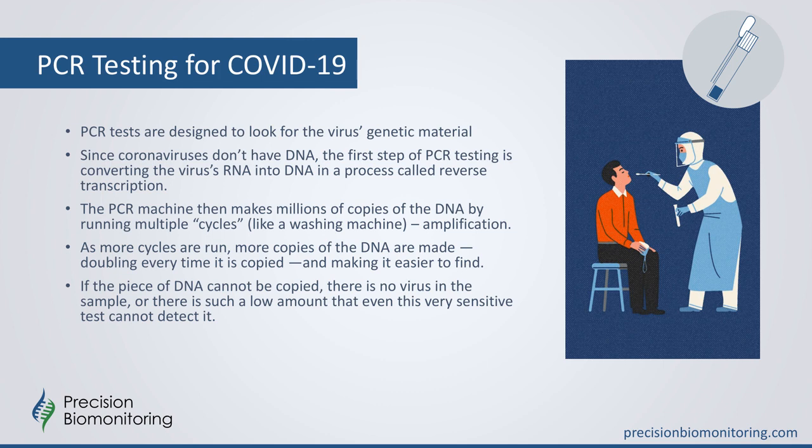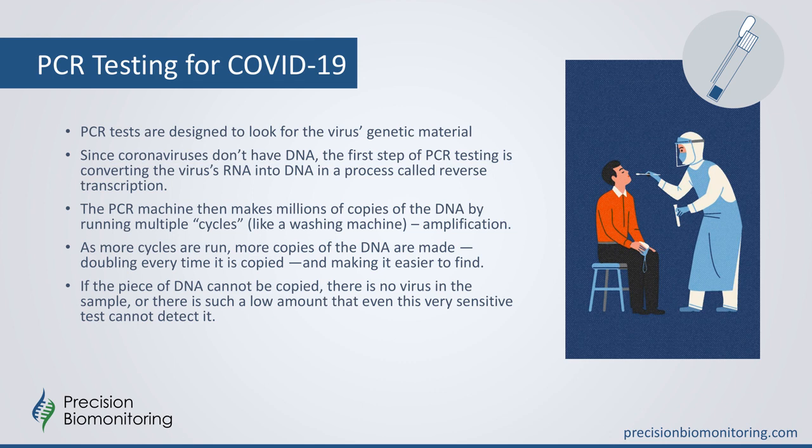PCR testing for COVID-19 specifically is designed to look for the genetic material of the COVID-19 virus, SARS-CoV-2. So those primers are specific to that. Since coronaviruses don't actually have DNA, their genetic material is RNA, we use that reverse transcription step before PCR to create DNA that can then be detected.